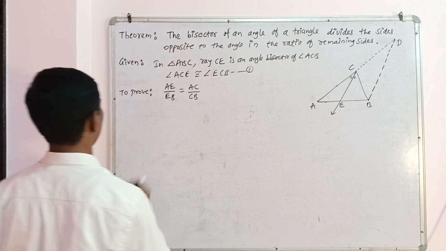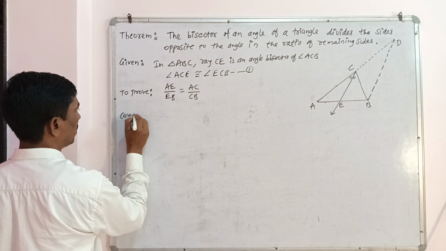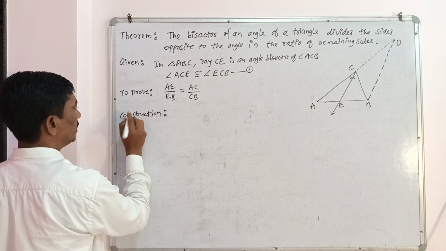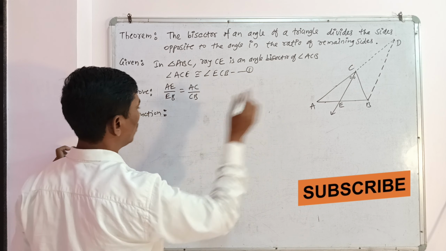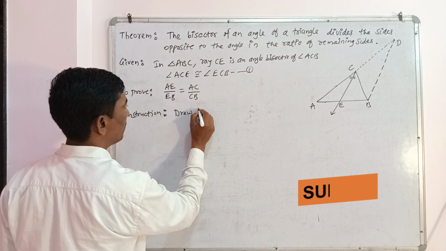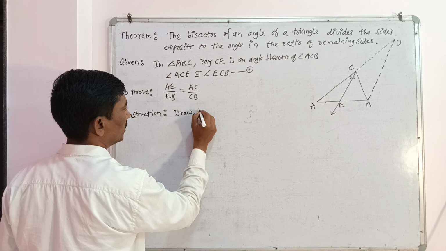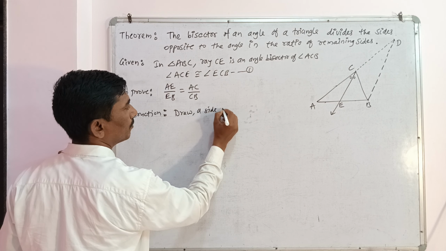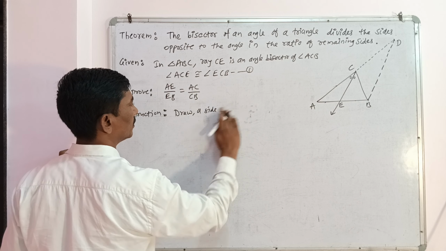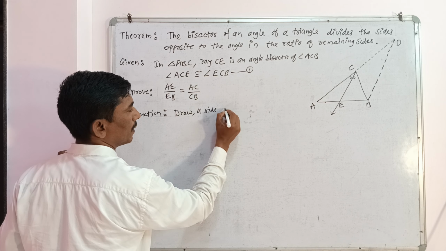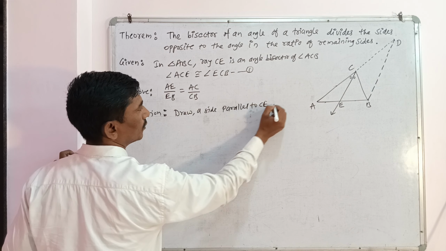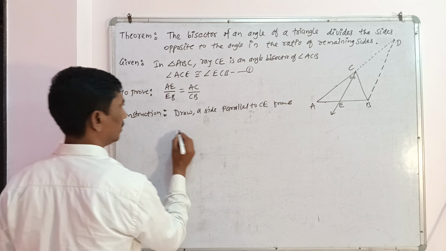So now I will write the construction part in the construction region. What we did is we just drew a side parallel to CE from B, isn't it?